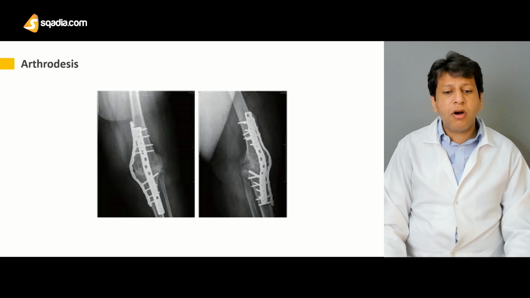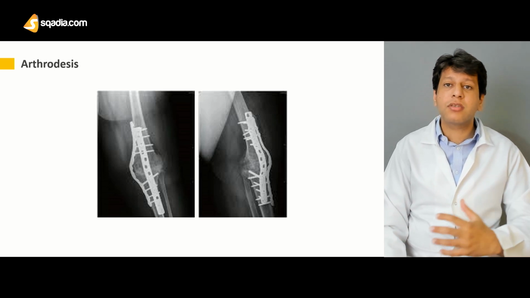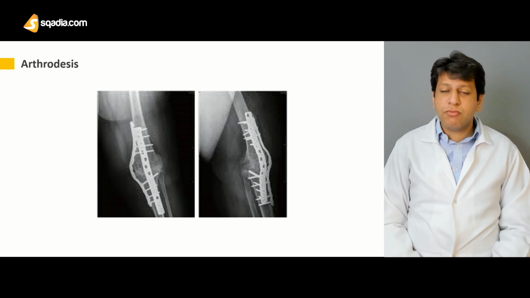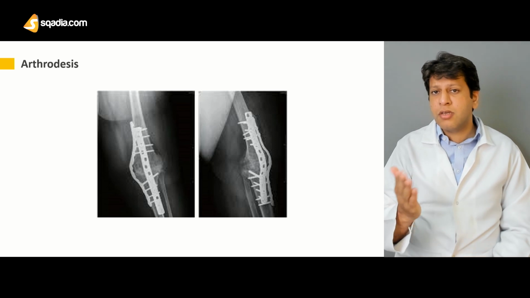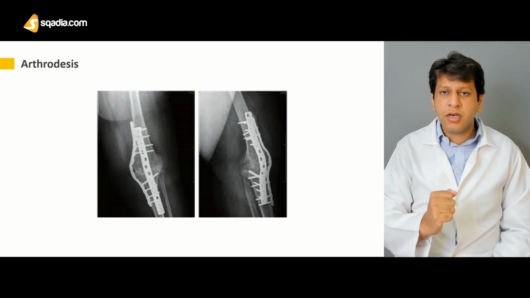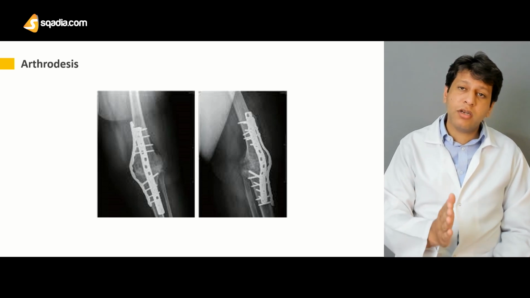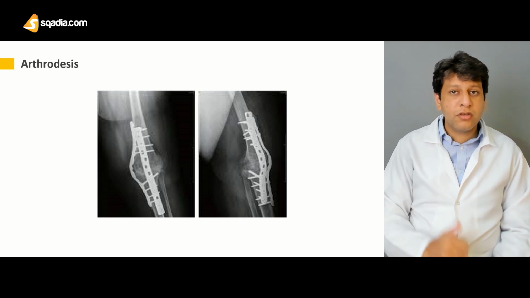Now, last option. There are certain options which are discussed, but they're rarely done. For example, you will not see a lot of high tibial osteotomies for knee arthritis. There will be definitely very few cases of unicondylar arthroplasty as well. Similarly, the case of arthrodesis.